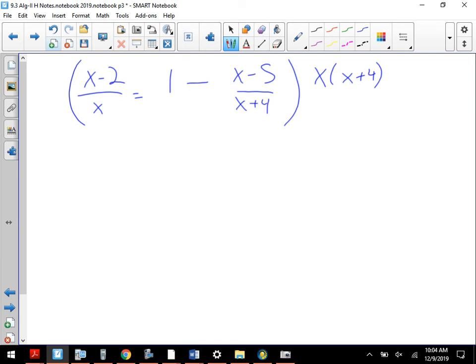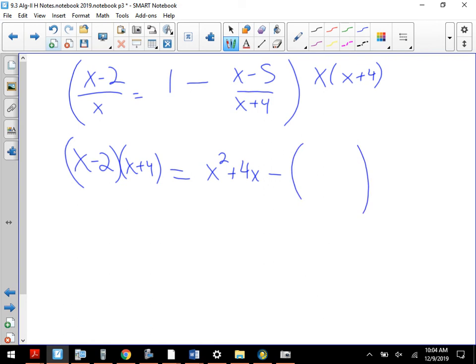So the first fraction needs the x plus 4, so you get x minus 2 times the x plus 4. The one in the middle needs them both, so it's going to be x squared plus 4x. And then I have to subtract x minus 5 times just the x.